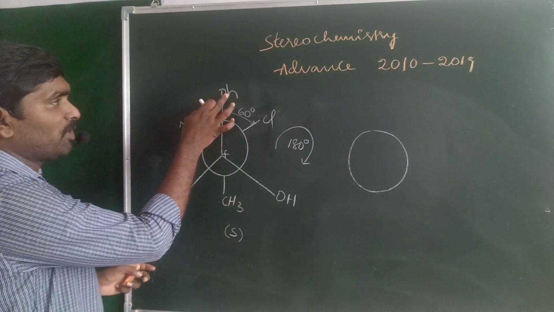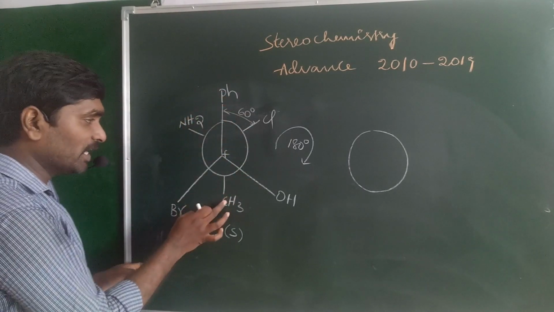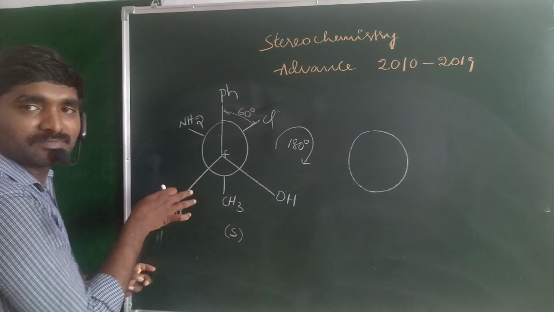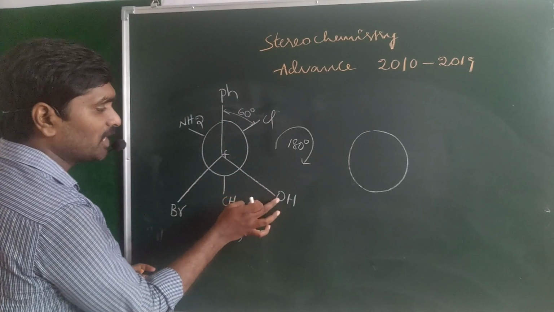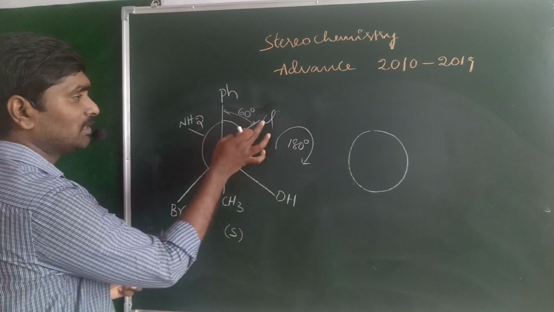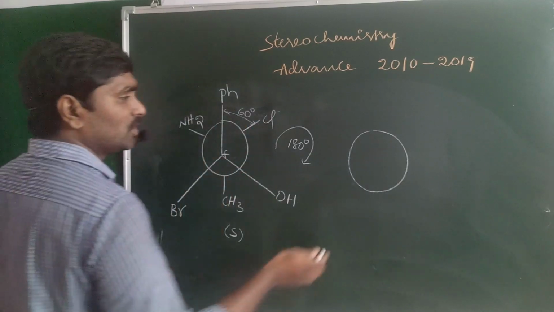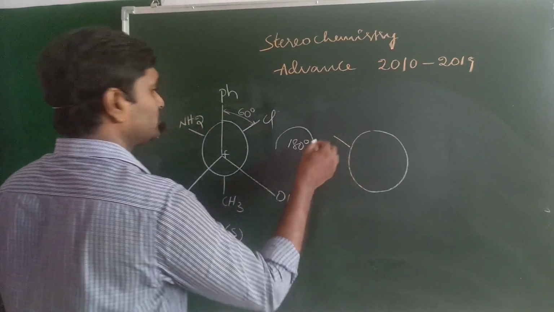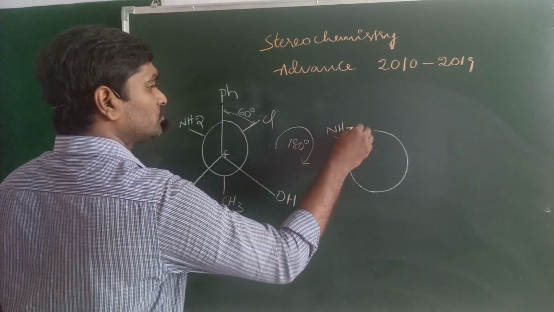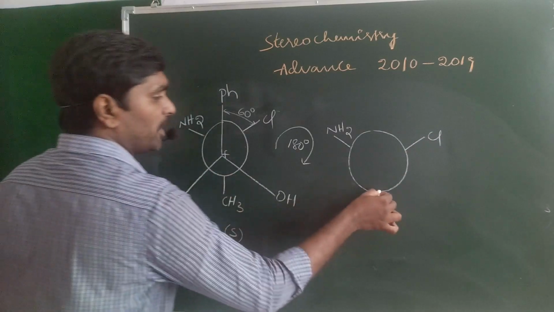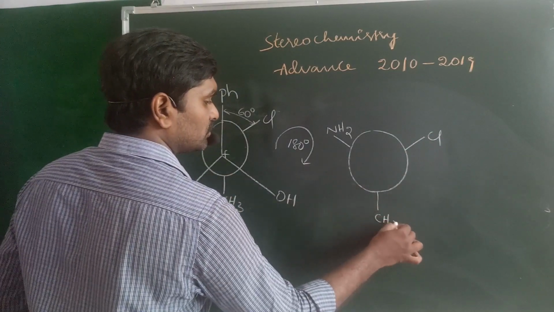So the pH will be nearer to the CH3, the OH nearer to the NH2, and the Br nearer to the Cl. On the back side carbon, you have the NH2 group, Cl on the right side, and CH3 below the plane.